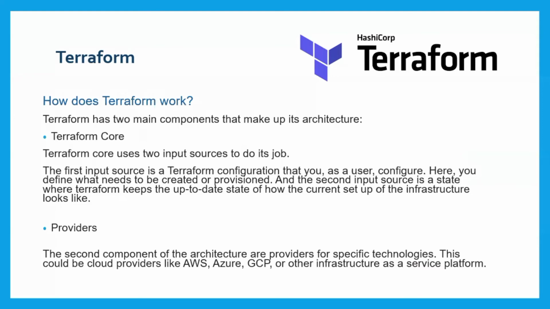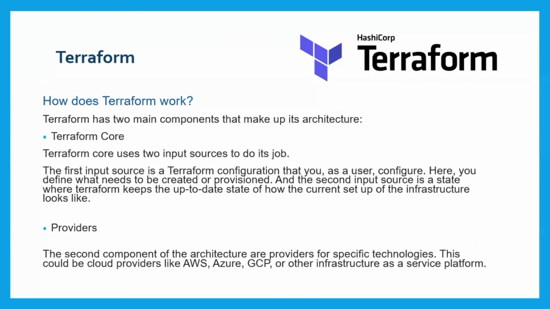First will be your configuration templates, configuration files, which include your resources code, written in HCL, that is HashiCorp Configuration Language. And then the state file will be the second input, the current state of your infrastructure and what will be your desired state of the infrastructure. We give these two sources as input to Terraform core.